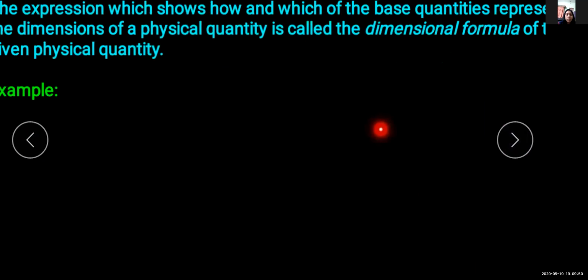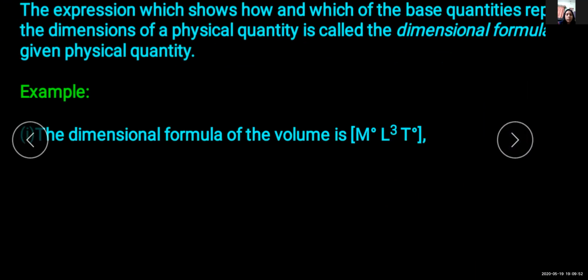Example. If we write the formula of volume, I told you the unit of volume is meter cube. So we can write M raised to power 0, L raised to power 3, T raised to power 0.